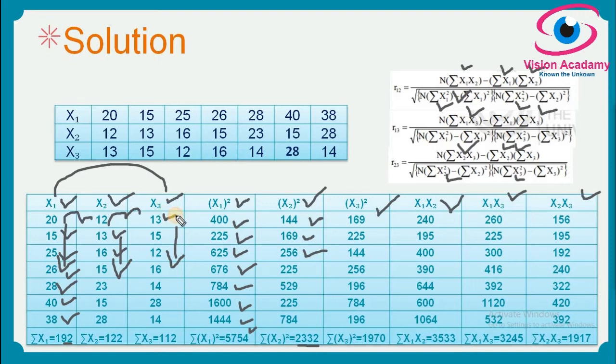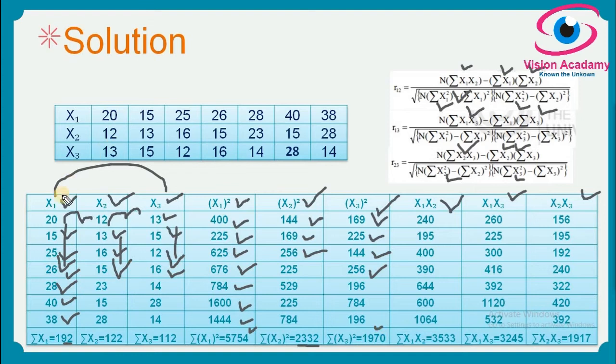We have taken squares: 13 into 13 is 169, 15 into 15 is 225, 12 into 12 is 144, 16 into 16 is 256, and so on. The summation of x3 square is 1970.